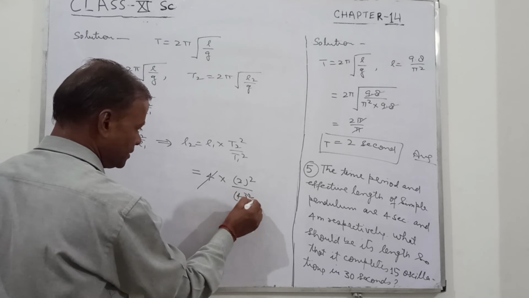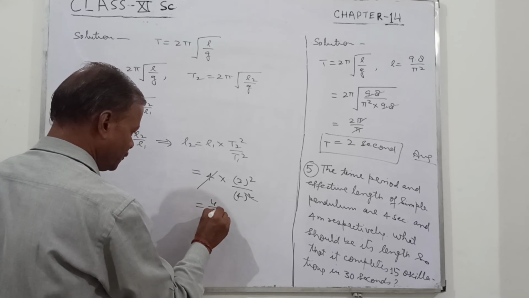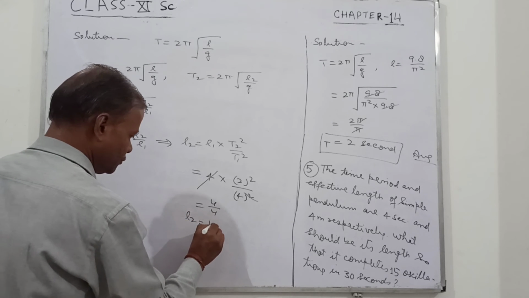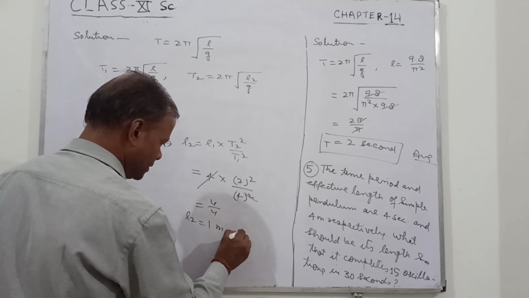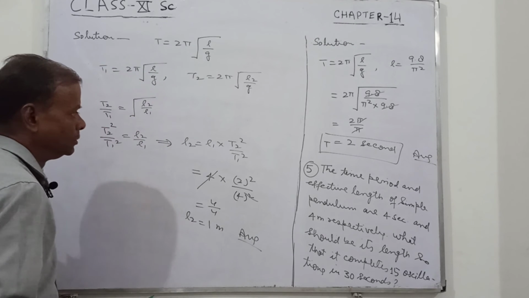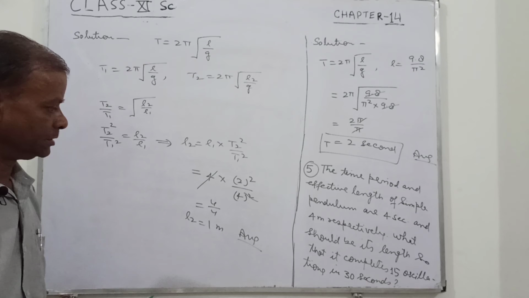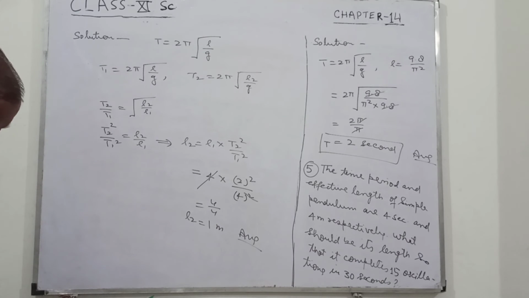So this will cancel, this is your 4 by 4, and L2 is equal to 1 meter. This is the answer. So thus we get that L2 should be 1 meter.